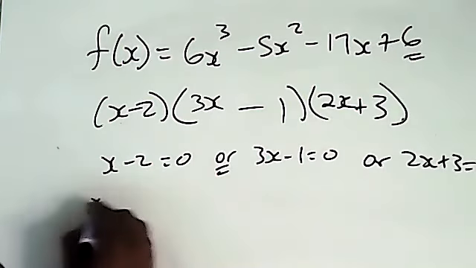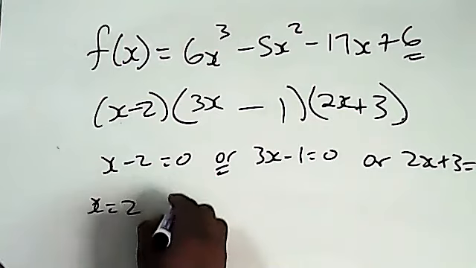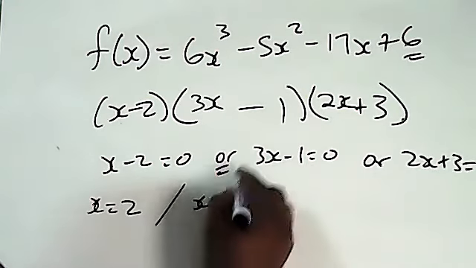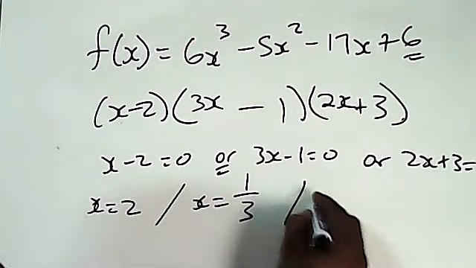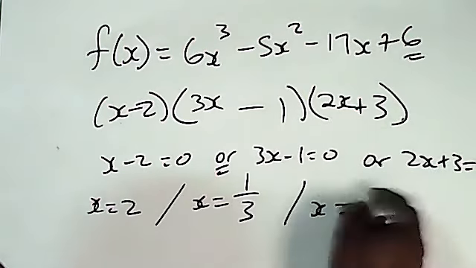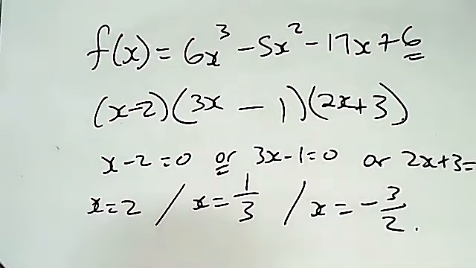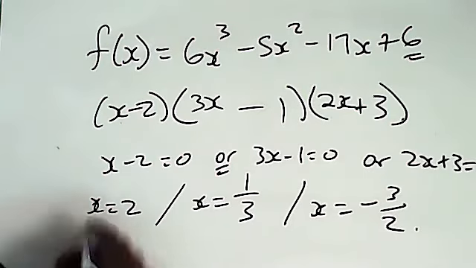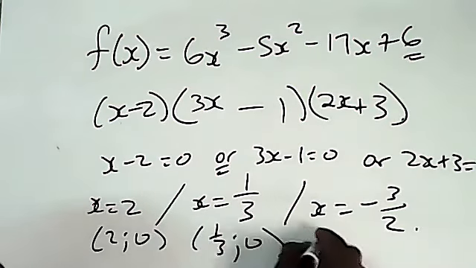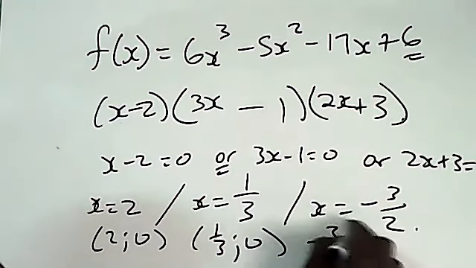So x will be equal to 2, or x is equal to 1 over 3, taking this to the other side, or x is equal to negative 3 over 2. So those are your x-intercepts. Remember, when you want the x-intercept, you let y be 0. These are your coordinates: (2, 0), (1/3, 0), and (-3/2, 0).